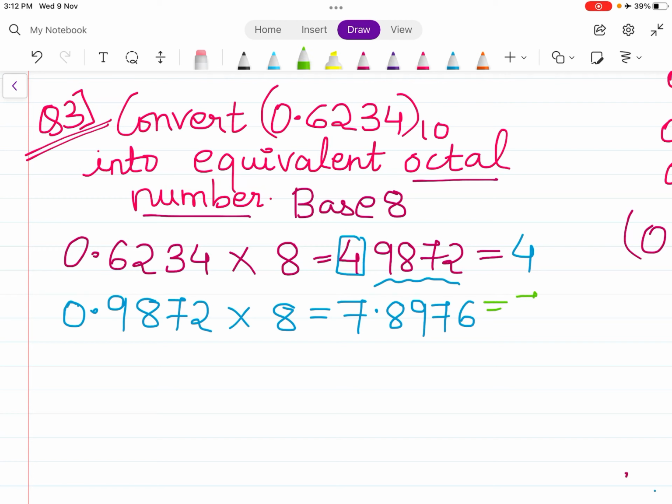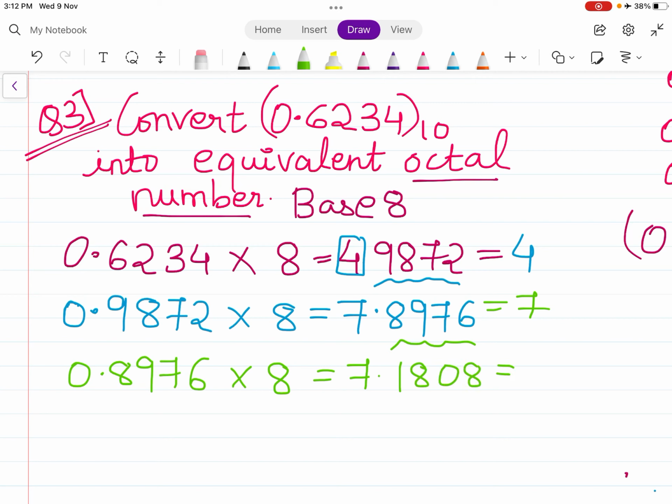Again the carry generated is 7. Then 0.8976 into 8 is 7.1808.